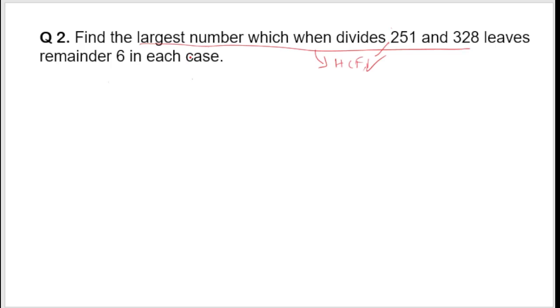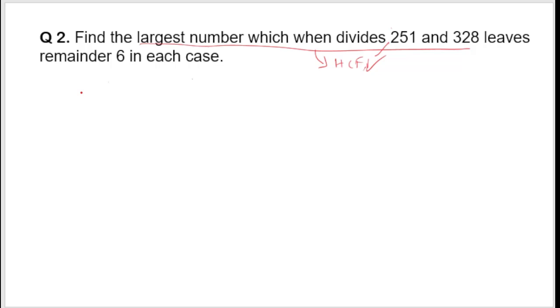So when we talk about the largest number which when divides the given numbers, whatever it is, we should find HCF. Now in this question, when 251 and 328 get divided by that required number, it leaves 6 as a remainder. So obviously if that required number is HCF, then r should be 0, but here r is not equal to 0, r means remainder.